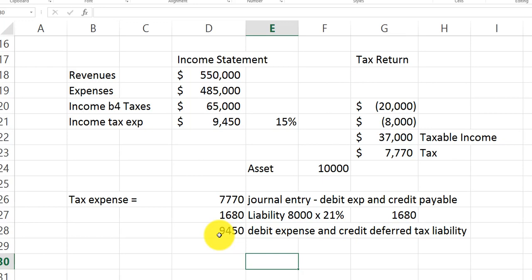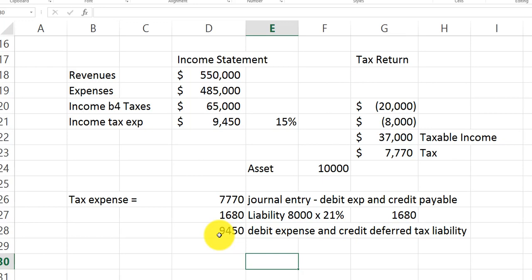The same thing happens with assets. So the key things are you figure out the difference between your income statement and your tax return. You know your permanent versus temporary. Take each temporary difference. Figure out if it's an asset or a liability, future taxable, future deductible. Look at the difference. Treat each one of them separately as its own story, if you will.